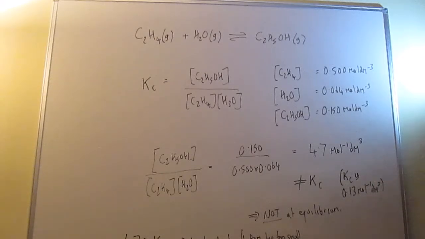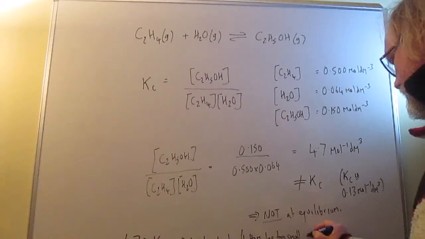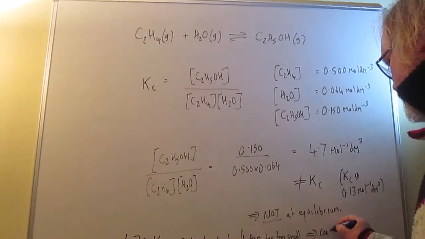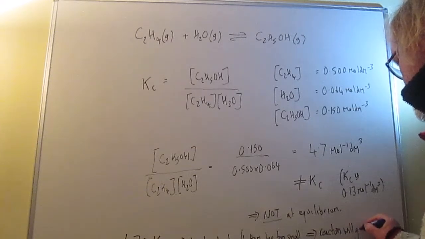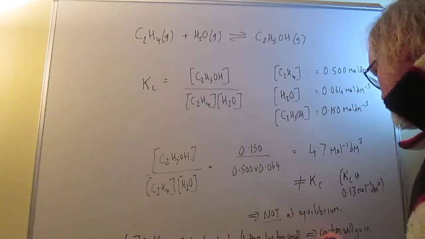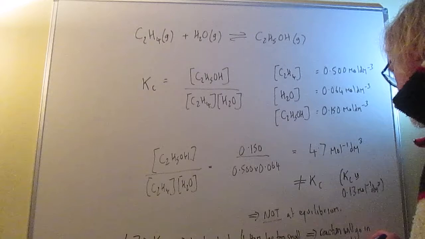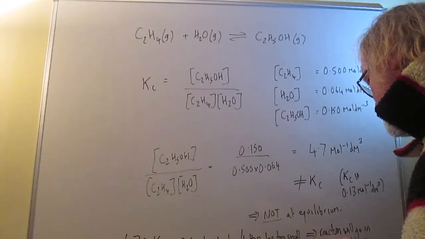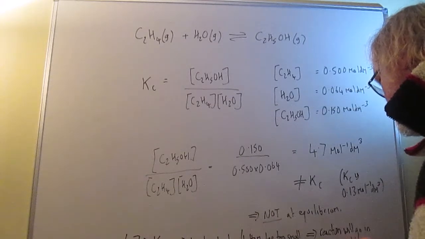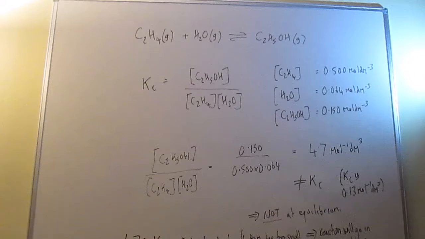So in order to bring it into line with Kc, it's got to go to the left. Okay, so the reaction will go to the left, or go in the backward direction, so that the value reaches Kc. And once it does reach Kc, we'll have reached our equilibrium.